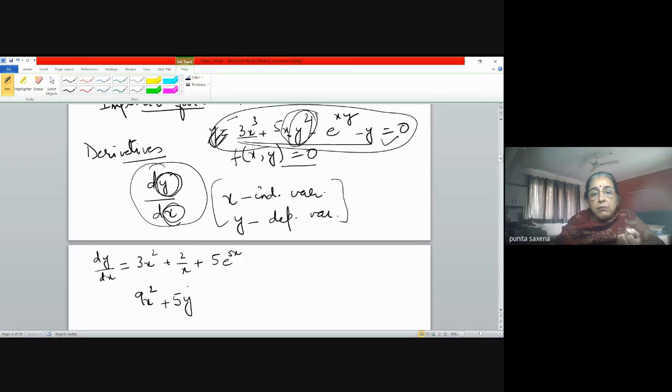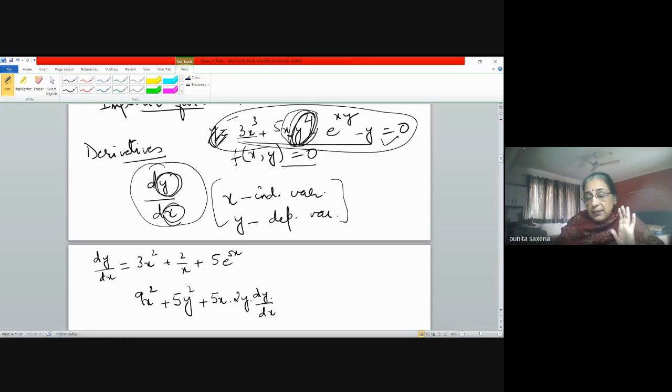So first term will be y square, right? But what about the second term? I'll have 5x with me, but now I have to write the derivative of y square. The derivative of y square will be 2y times the derivative of y. And because my y was the dependent variable, I will have to write dy by dx with it.